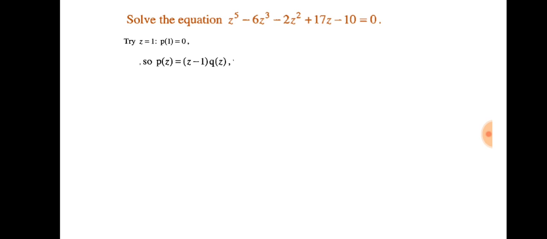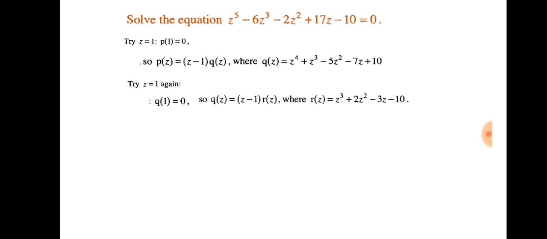So we can write p of z equal to z minus 1 times q of z, where q of z equal to z power 4 plus z power 3 minus 5z square minus 7z plus 10. And now taking z equal to 1 and finding q of 1, we get 0.